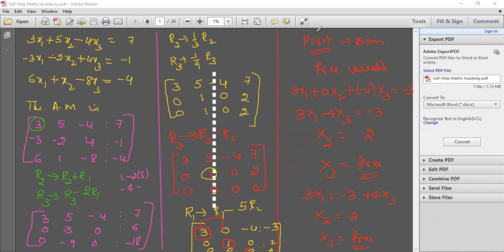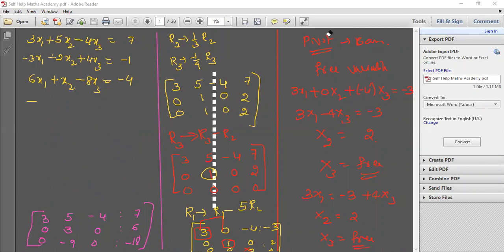The same thing, if I want to write it in vector form, the solution will be in parametric vector form. So your solution is x1, x2, x3. What is your x1 here?